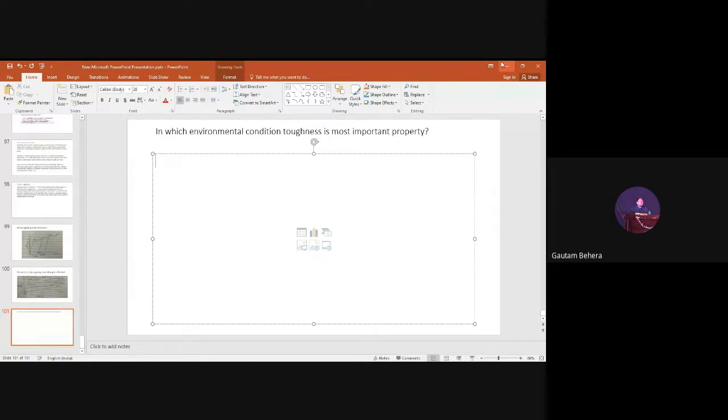You people should not be confused between fracture and failure. Failure actually means it is in a broad way or broad term. Fracture is not in a broad term. Suppose a design engineer has designed a steel, for example, for a brace application.